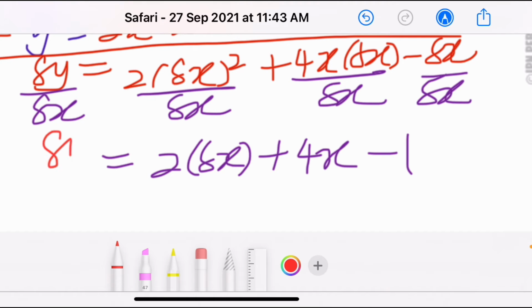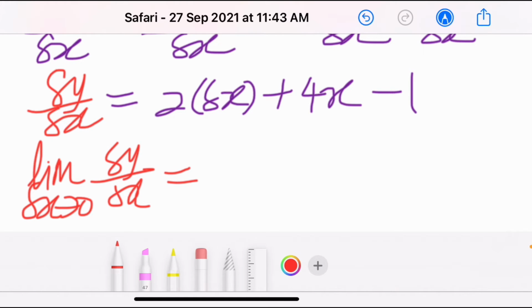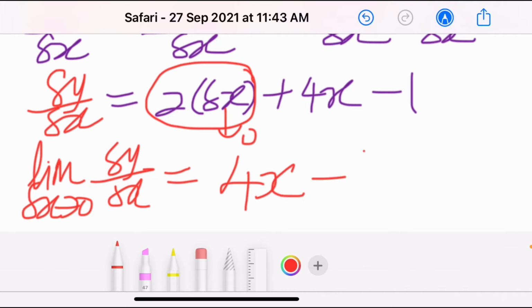If we apply the limit as delta x approaches 0 for delta y over delta x, the 2 delta x term becomes 0, because delta x approaches 0. So we just get the answer 4x minus 1.